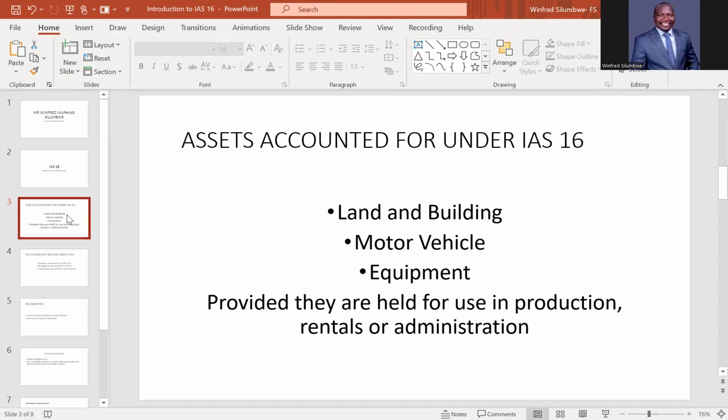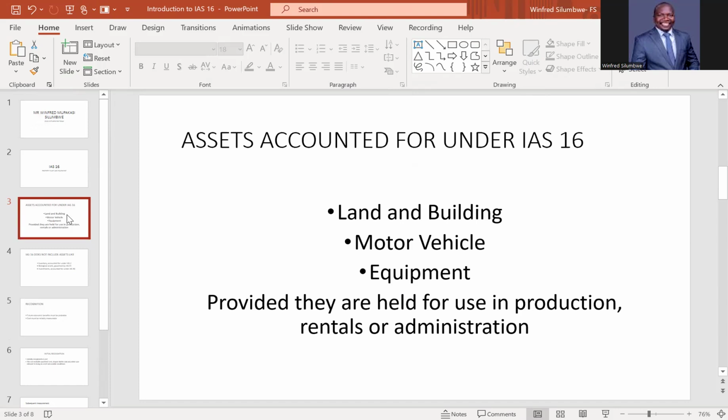But before we begin, let me mention: when you find a question talking about the accounting treatment of assets, or when you see assets on the trial balance or on the balance sheet, it is not ideal to straight away begin to do the computation. No, the first thing you must ask yourself is, what category of asset do I have?